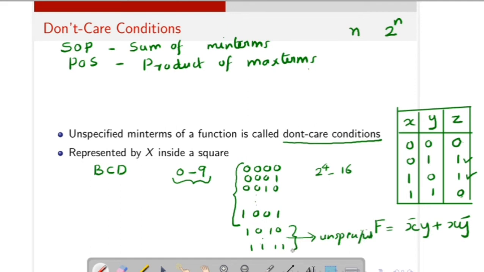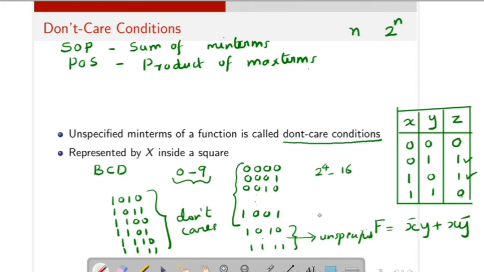That means they are don't cares in the case of BCD. In BCD numbers, 1010, 1011, 1100, 1101, 1110, 1111 are the don't cares. That means those values are not specified.